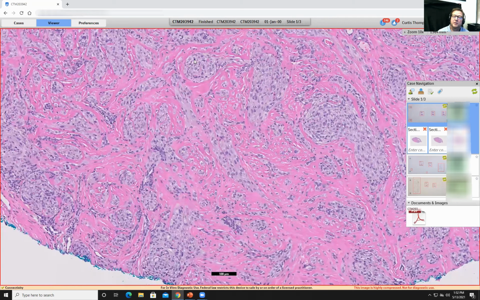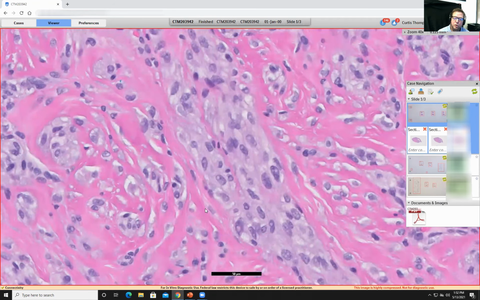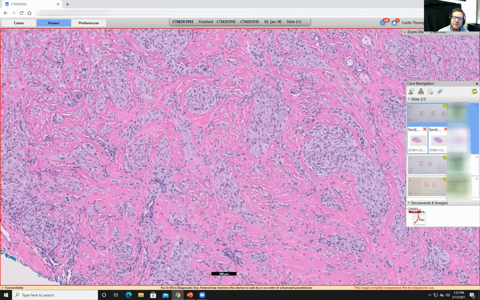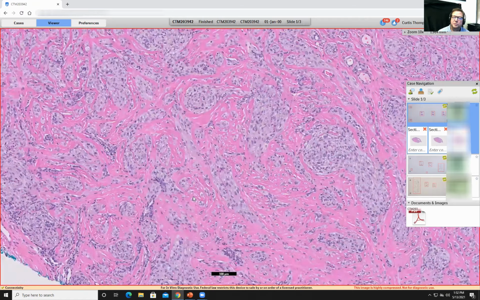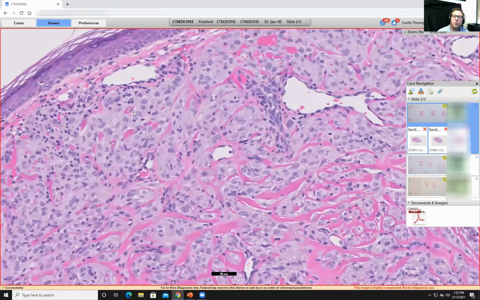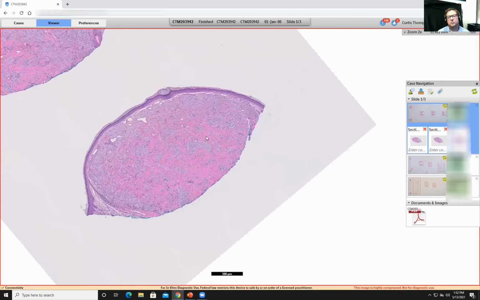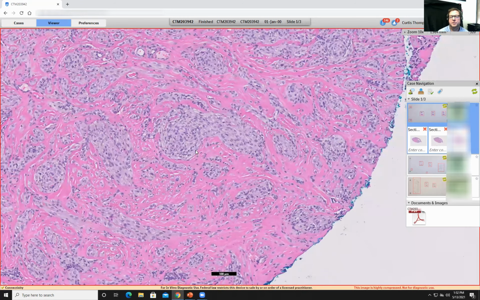We cut them on end and they're round, we cut along them and they're long. So this is a nice fascicle merging with the collagen, in this fibrotic stroma. Cytologically it's not very atypical, and it has this gray staining look to it, almost like a nerve trunk.